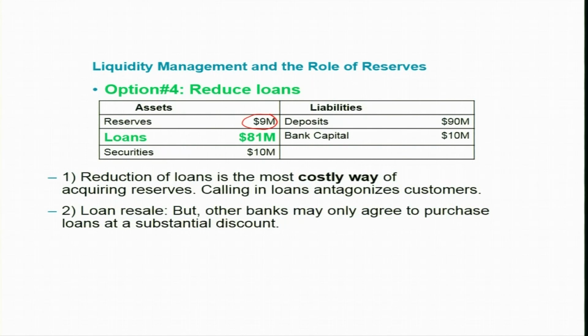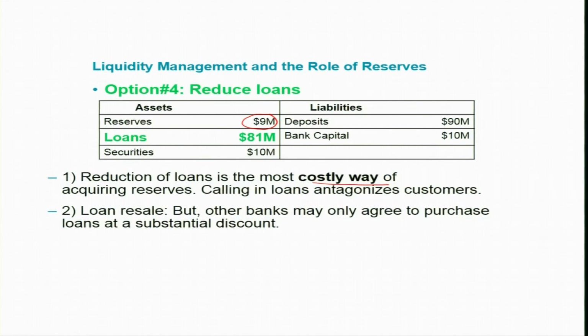Suppose they raise this fund by calling back a 9 million loan, or otherwise, if a loan is already due for renewal, the bank won't renew it. The bank can do this, but actually reduction of loans is the most costly way of acquiring resources. You know why?